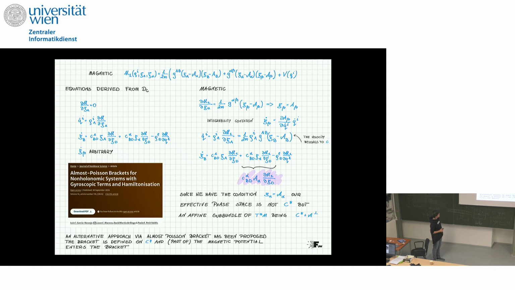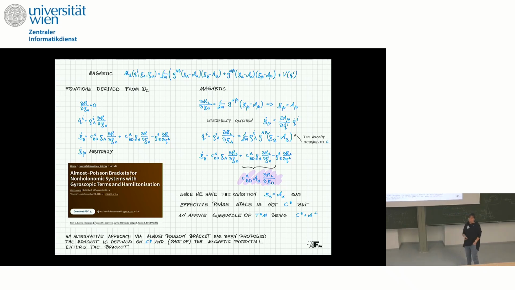A year ago, I noticed on arXiv a paper, almost Poisson bracket for nonholonomic systems with gyroscopic terms and Hamiltonization. And I thought, okay, nonholonomic systems in general can be done with Dirac structures, so I should take a look and check what they did.